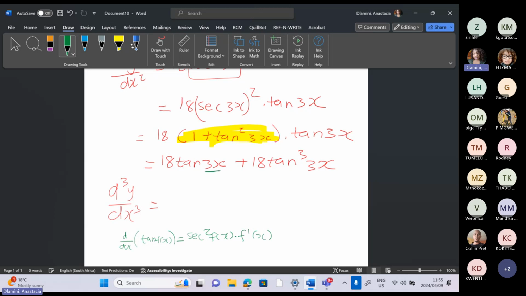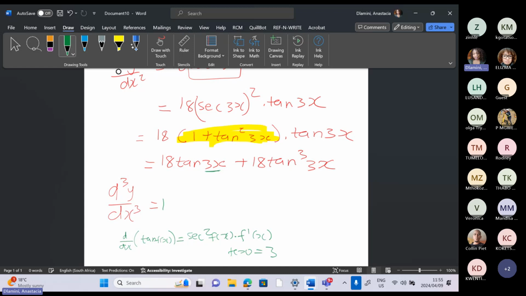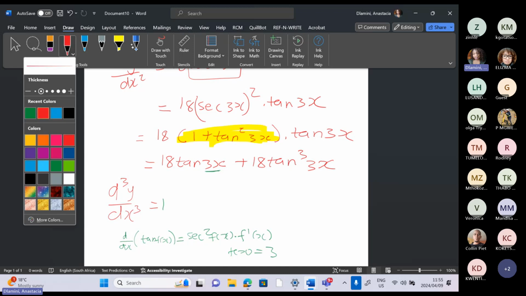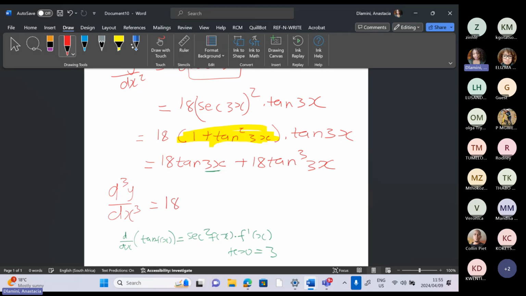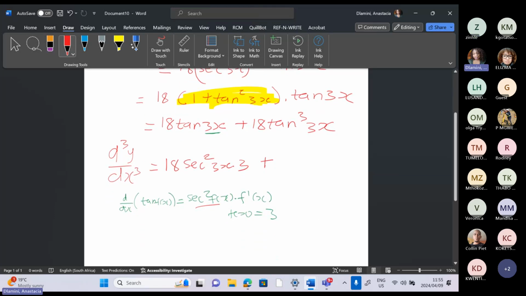In this case, our f of x is 3x. So our answer here, the first one, will be 18 times the derivative: sec squared of 3x times 3, plus. Now, this one, we could have written as 18 tan 3x plus 18 in brackets tan 3x to the power of 3.